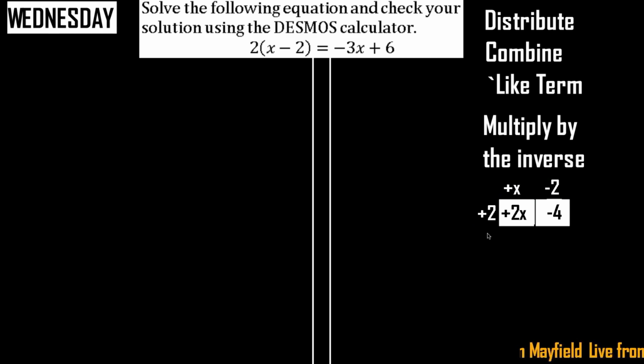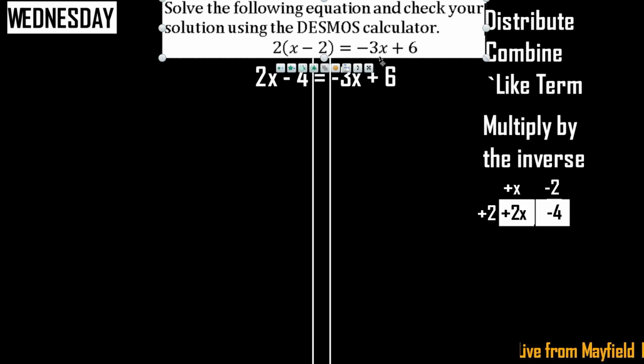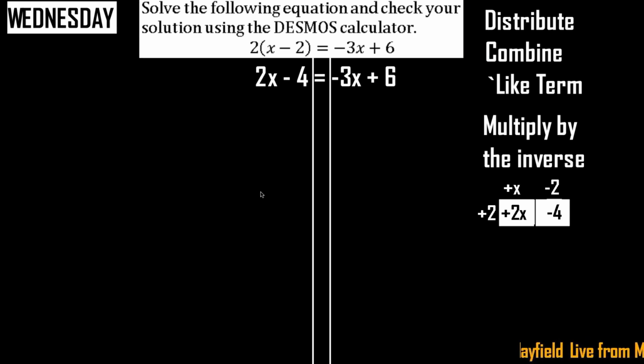Again, whatever you multiplied to get your products, you're going to write that right underneath of it, and so we have 2x minus 4, everything else stays the same. So again, this whole entire expression stays the same and brings down.